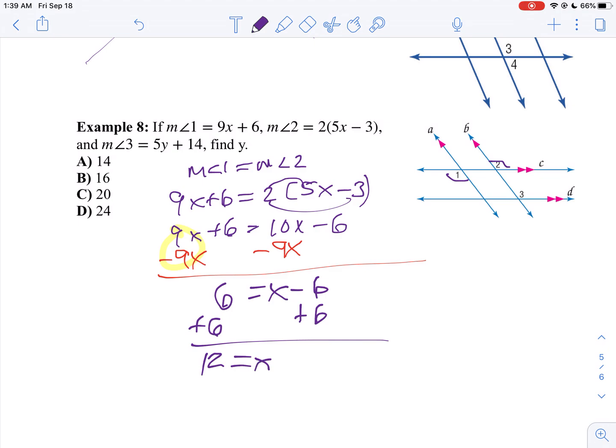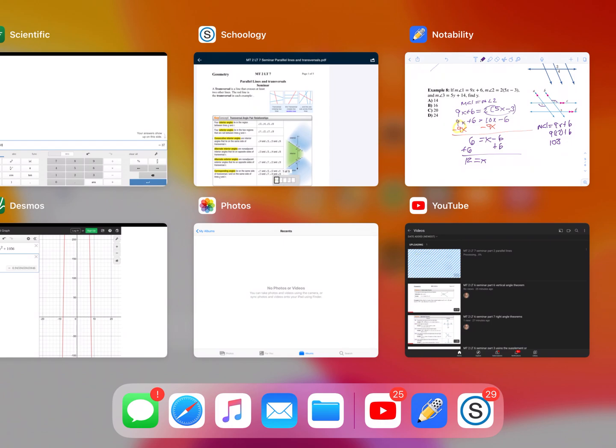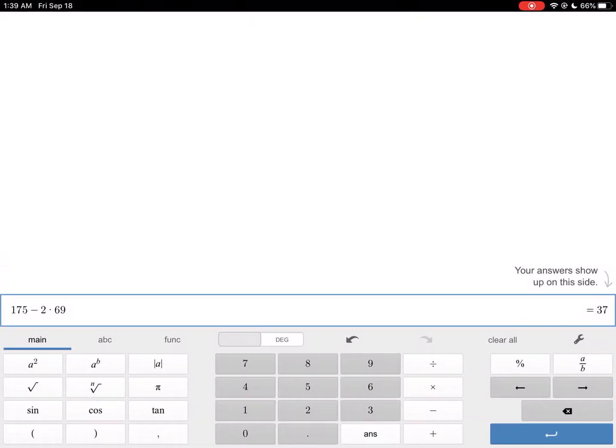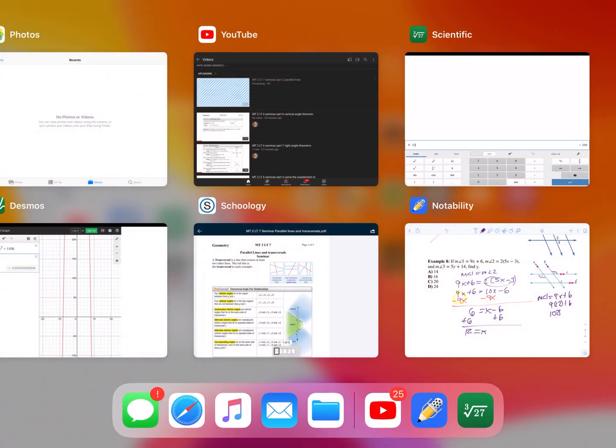Well, let's find angle 1. The measure of angle 1 is 9x plus 6. So we're going to take 9 times 12 plus 6. Well, 9 times 12 is 108. Just make sure my mental math is right. 9 times 12 is 108.